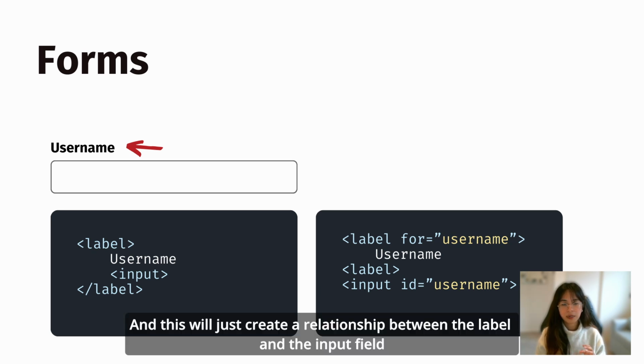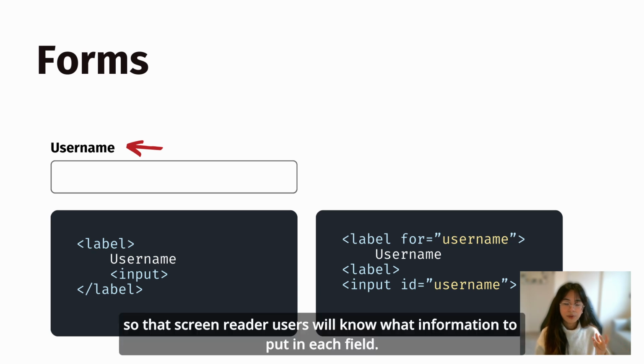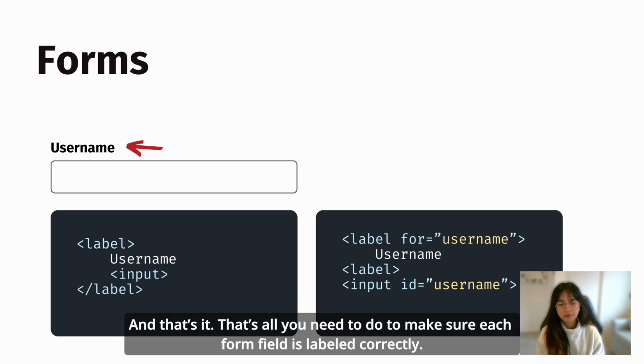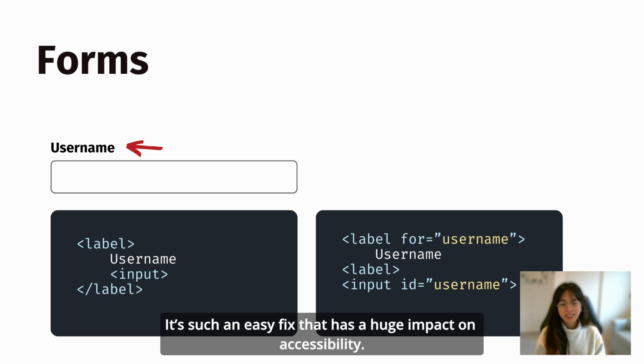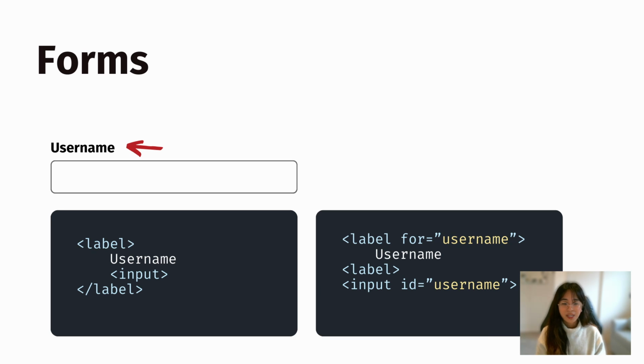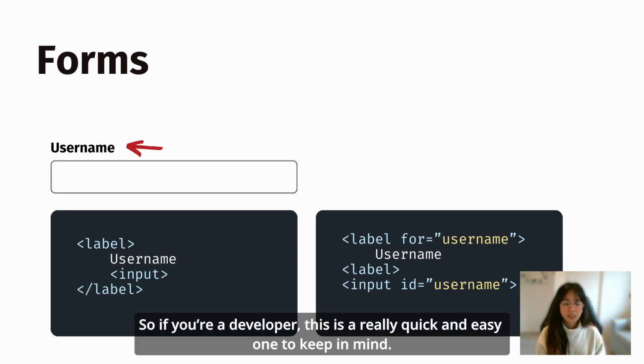And this will create a relationship between the label and the input field so that screen reader users will know what information to put in each field. And that's it. That's all you need to do to make sure that each form field is labeled correctly. It's such an easy fix that has a huge impact on accessibility. So if you're a developer, this is a really quick and easy one to keep in mind.